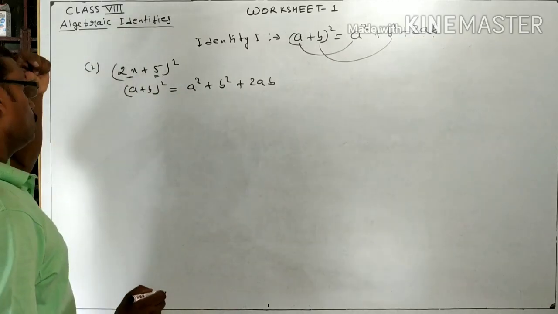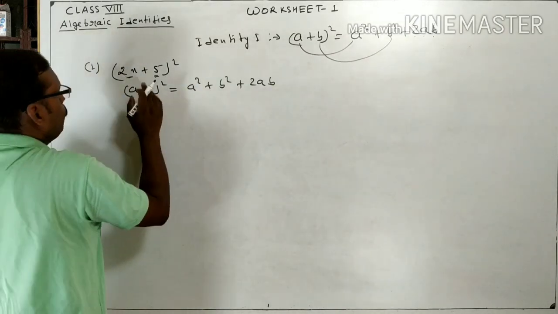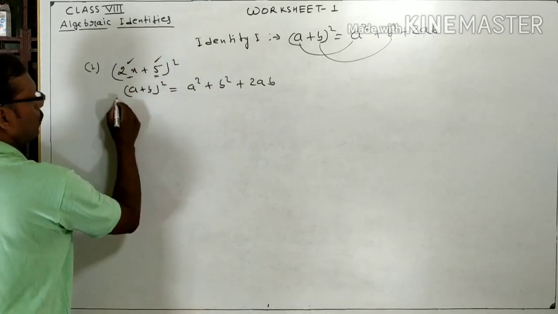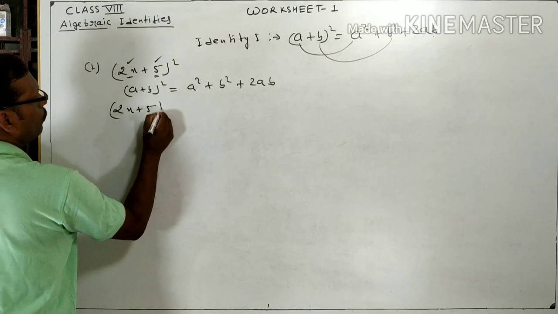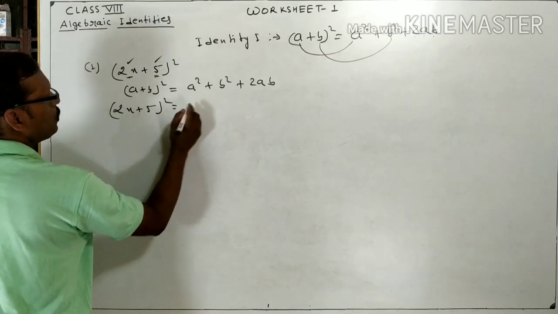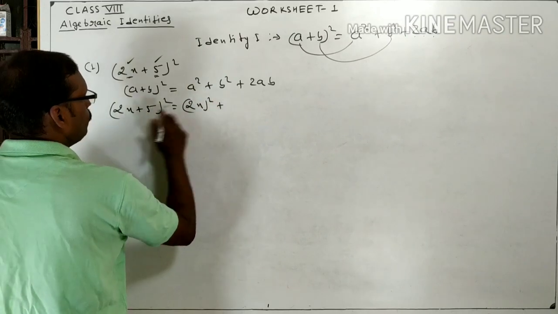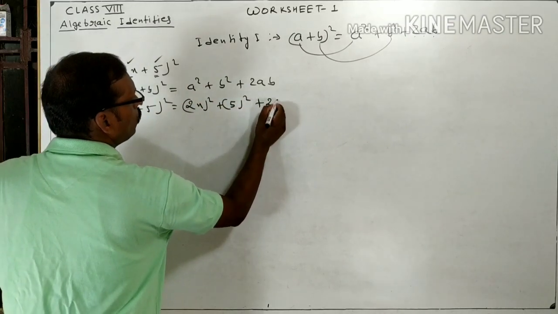So (2x plus 5) whole square equal to a square, means (2x) whole square, plus b square, means 5 square, plus 2 into a into b.